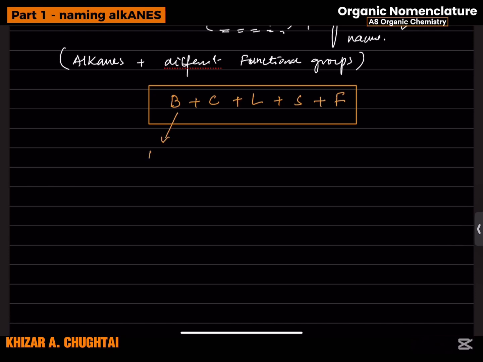Let me introduce these words once again. B means branch. C means cyclo, whether the compound is cyclo or an open chain compound. L means longest chain, the name of the longest chain or how many carbons are there in the longest chain.